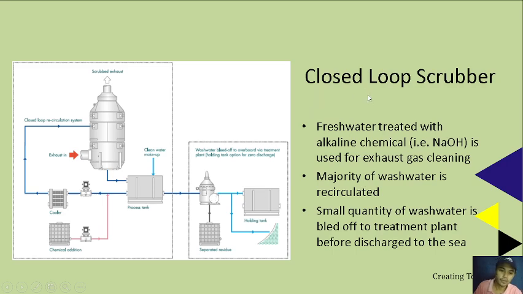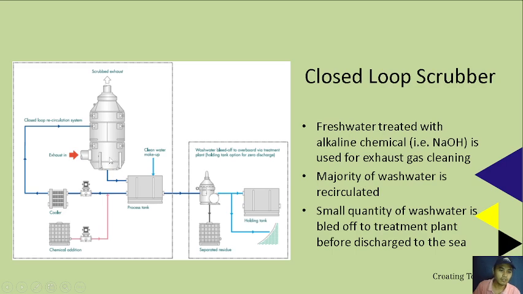Okay, so for closed loop scrubber, fresh water treated with alkaline chemical, sodium hydroxide, is used for exhaust gas cleaning. So here is clean fresh water treated with a chemical, and then there's a pump going to a cooler and then sprayed on top of the scrubber.